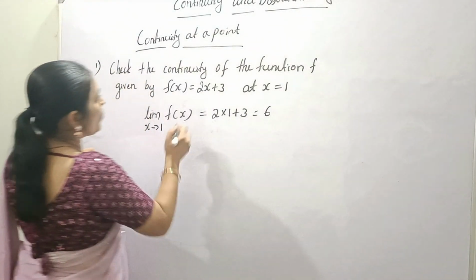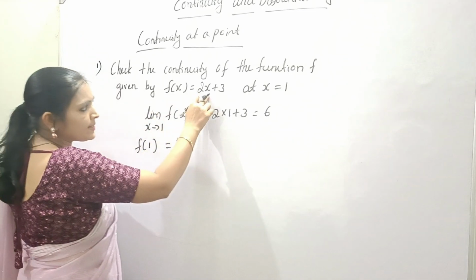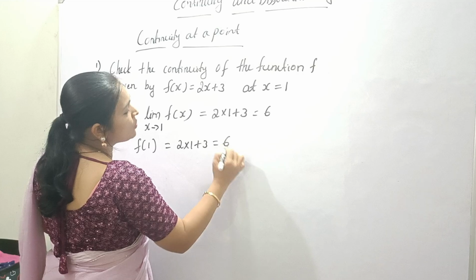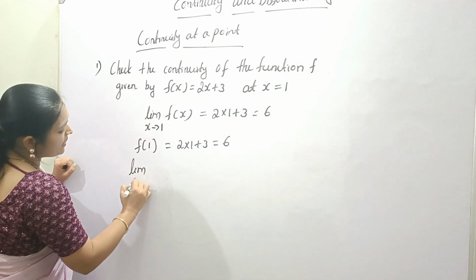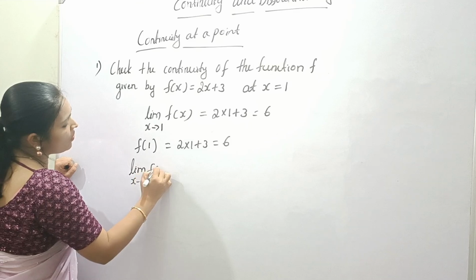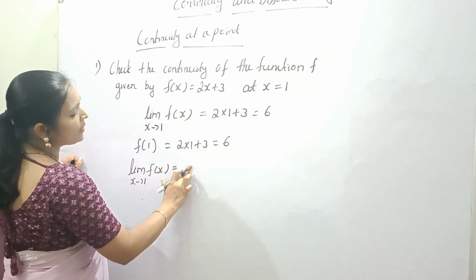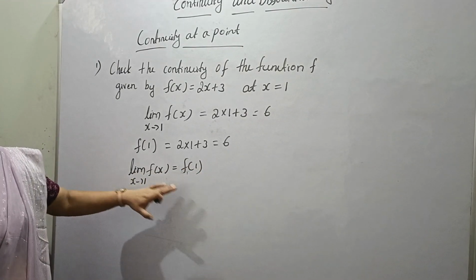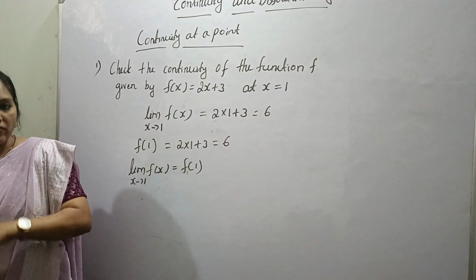So what is f of 1? Substituting x is equal to 1, that is 2 into 1 plus 3, which is also equal to 5. So we have got limit x tends to 1 of f of x is equal to f of 1. That is the definition: limit x tends to a of f of x is equal to f of a.